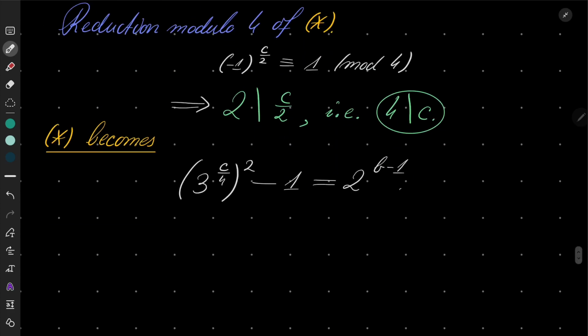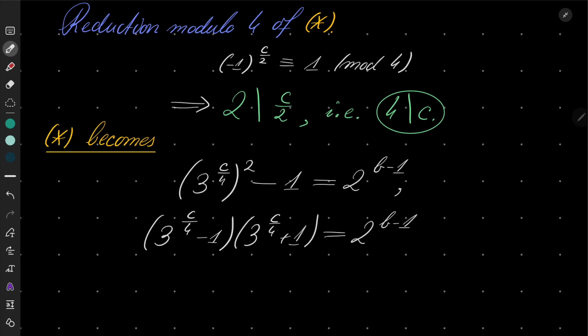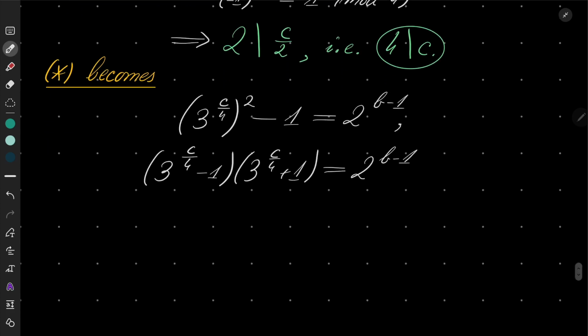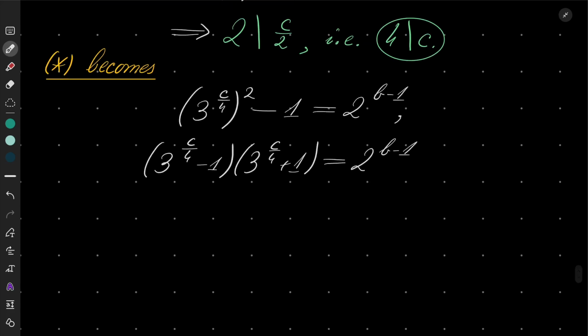Once again, we can do a nice factorization on the left-hand side. 3 to the power c over 4 minus 1 times 3 to the power c over 4 plus 1 equals 2 to the power b minus 1. Very well. And now you may have some kind of déjà vu because we will be doing a very similar thing.